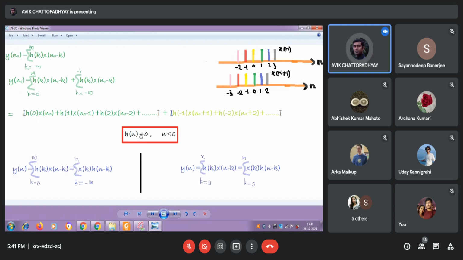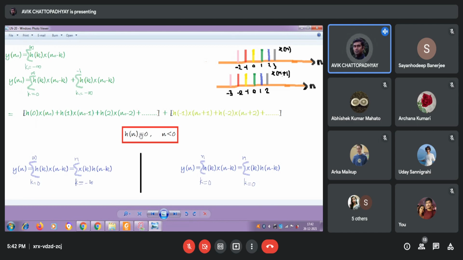But satisfying the homogeneity principle is not sufficient, because if any system is homogeneous, there is no guarantee that it is linear. It has to satisfy superposition. So homogeneity and superposition, in this way, are the necessary and the sufficient condition. Here there is no second condition, if and only if this is true.